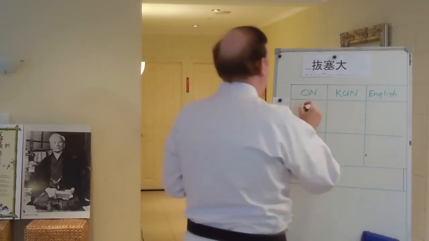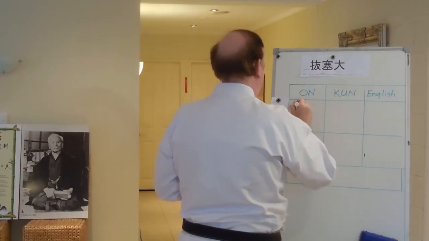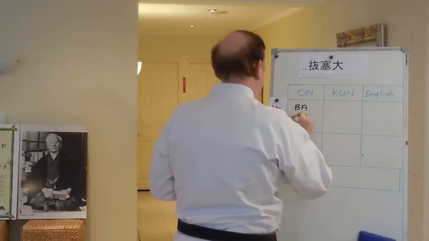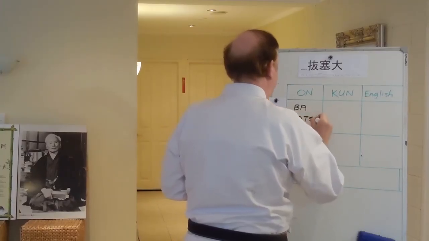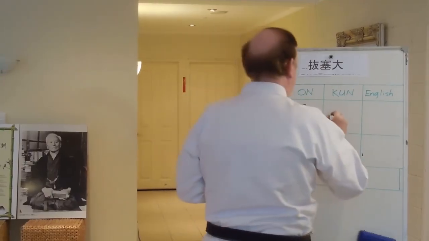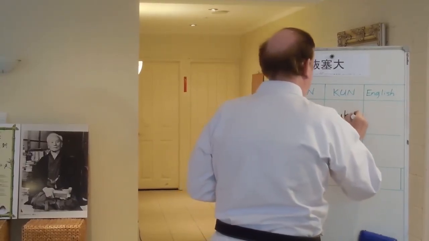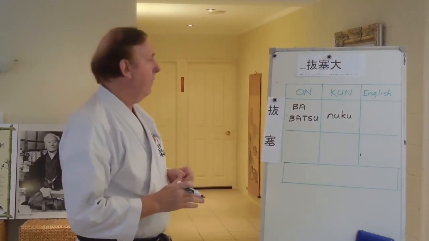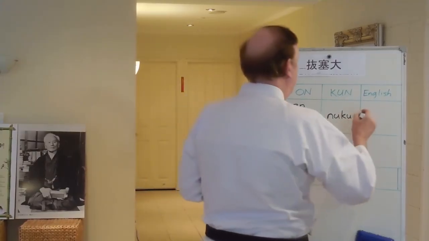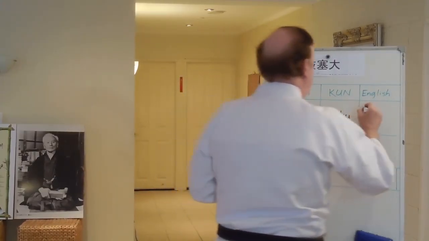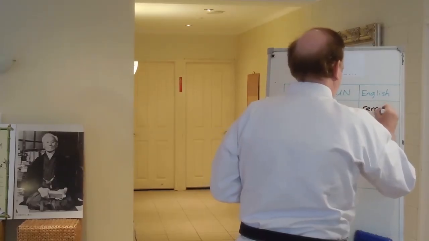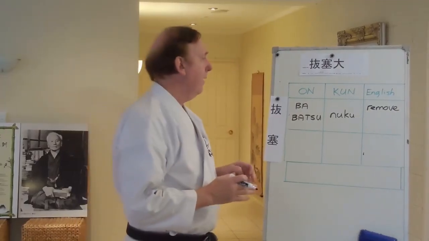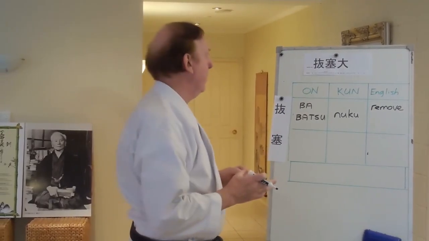So Bassai, so we've got ba, and ba comes from batsu, and the Japanese reading for that is nuku. Now the idea of batsu is quite a difficult one to explain, but actually nuku really means to remove. So if you're going to remove something, you have to pull it out or get in and do something.